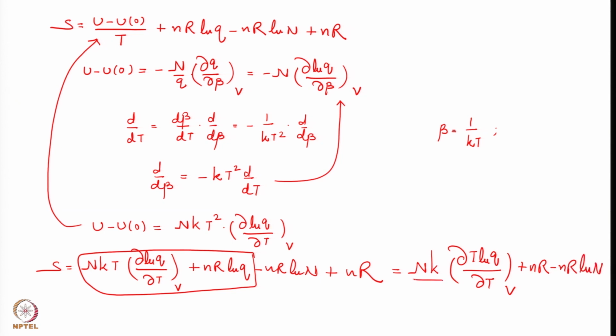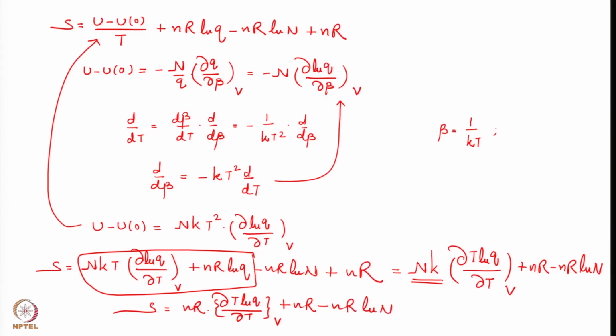This nk also I can write as nR. So, therefore, now I will write S is equal to nR ∂/∂T (T log q) at constant volume plus nR minus nR log n.